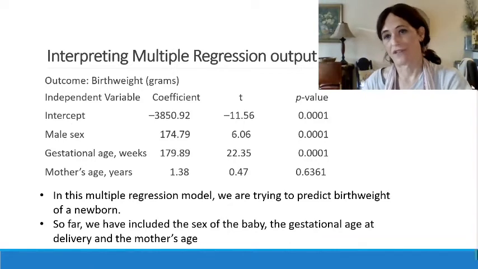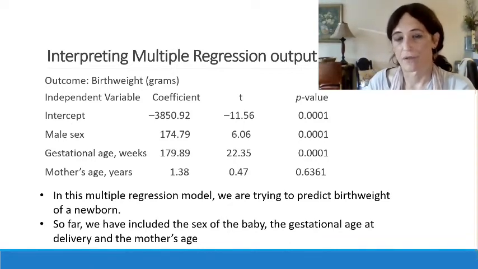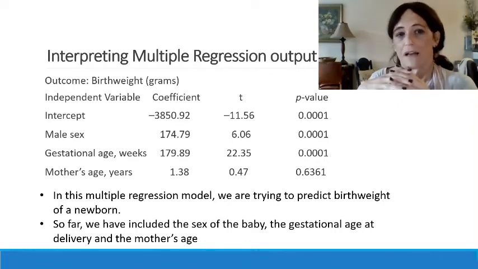So what does multiple regression output look like? Here's an example. So we have, again, a single intercept and then multiple coefficients representing different variables. Here our outcome is birth weight in grams, the birth weight of a baby.